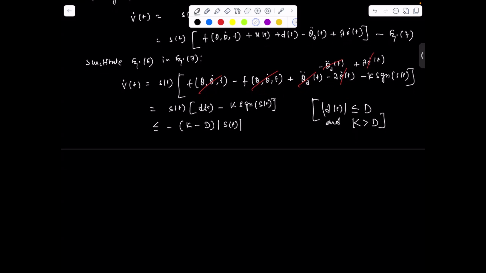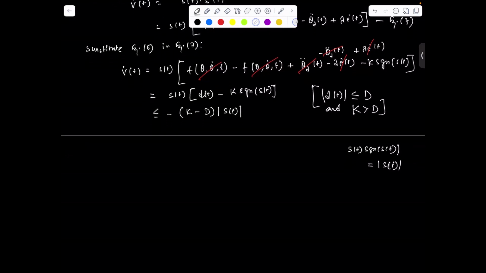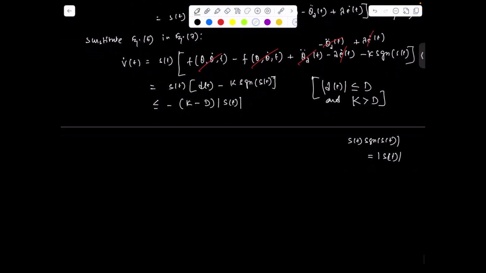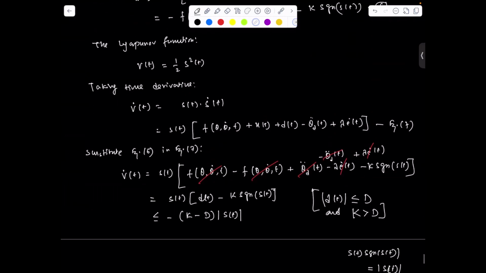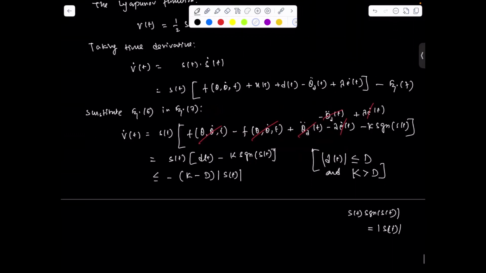So how are we getting this norm? If you remember, the sign of s(t) times s(t) we can write as the norm of s(t), because it is always positive, right? And here we can further simplify this expression, equation number 8.